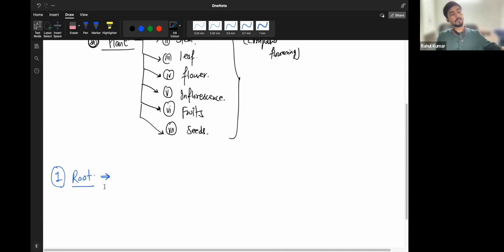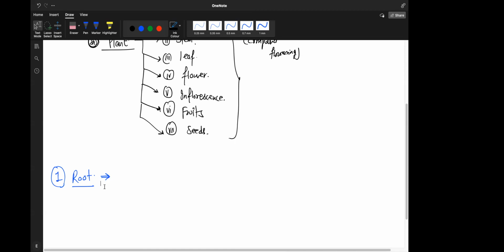Now, if you will say that you have never seen a root also in your life, then I'll suggest you both to go to a nursery or anywhere around where there are plants. You must be having plants around your house, right? Or in your house as well. Aisha, Iram?